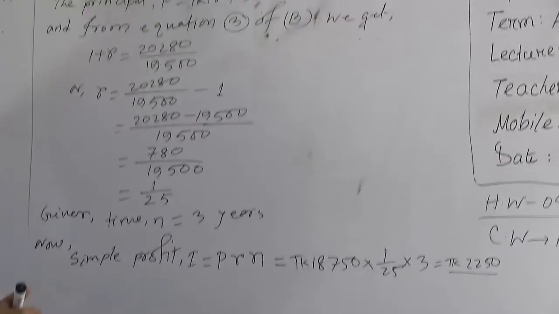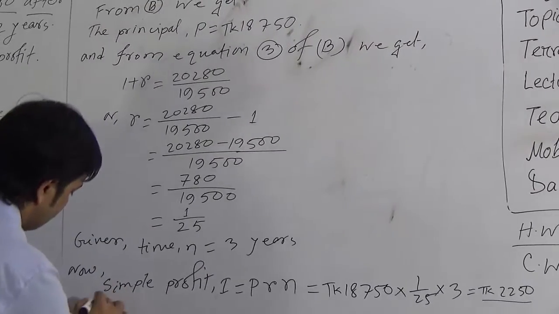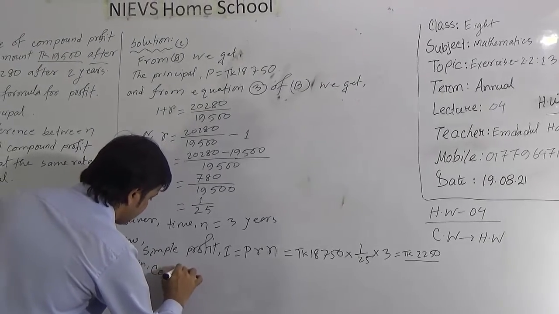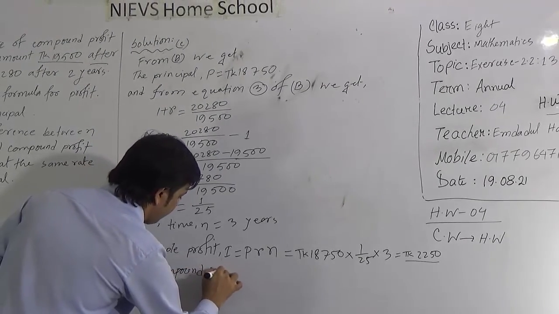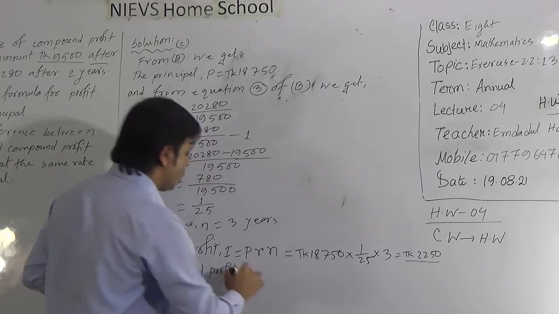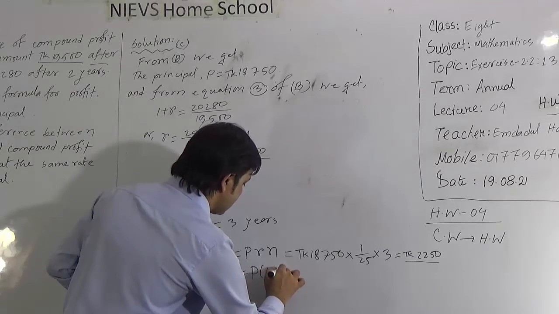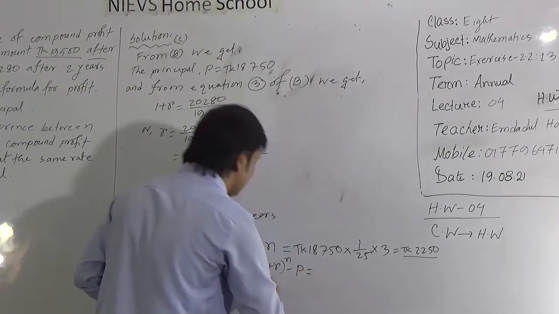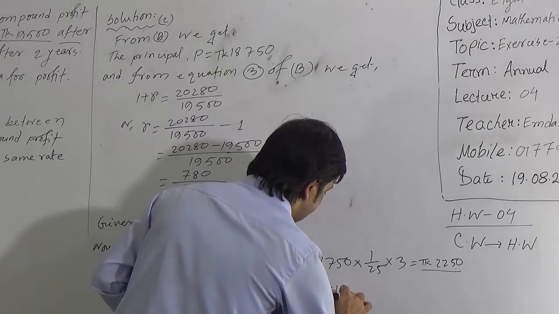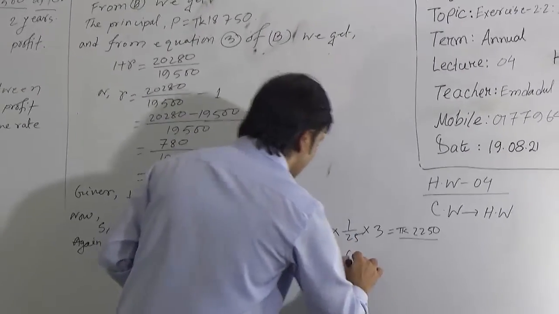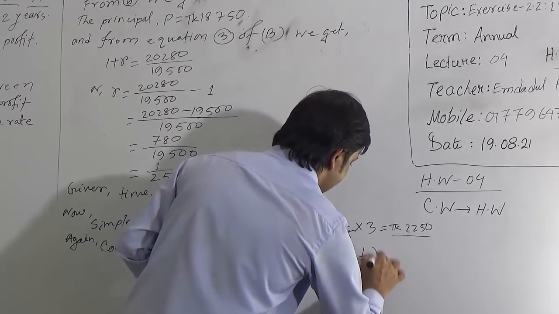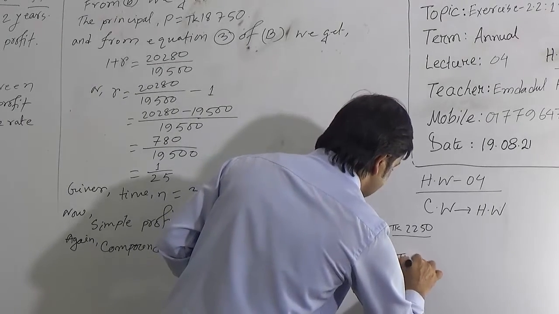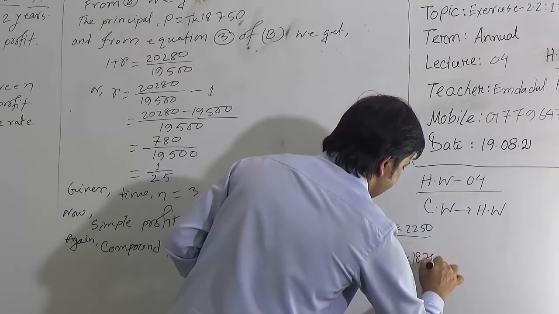Now we need to determine the compound profit. That will be equal to P into (1 plus R) whole to the power N minus P. That is equal to taka 18750 into (1 plus 1/25) whole to the power 3 and minus taka 18750.